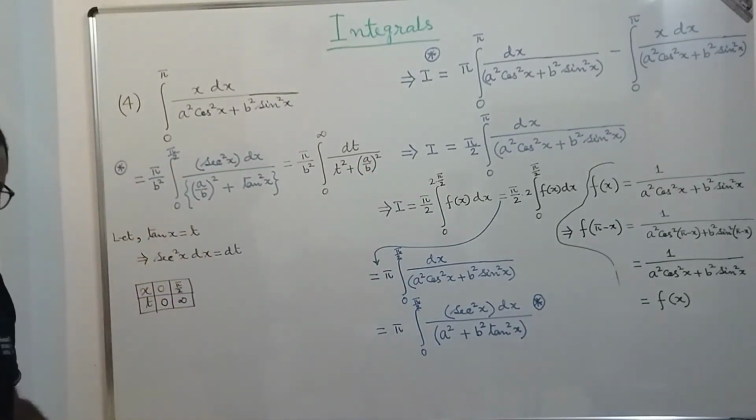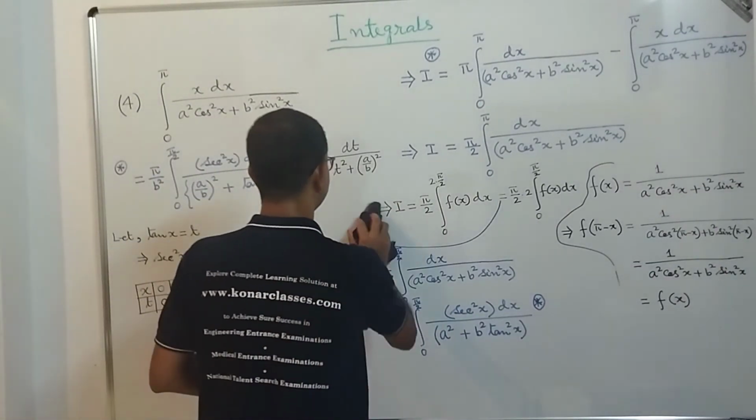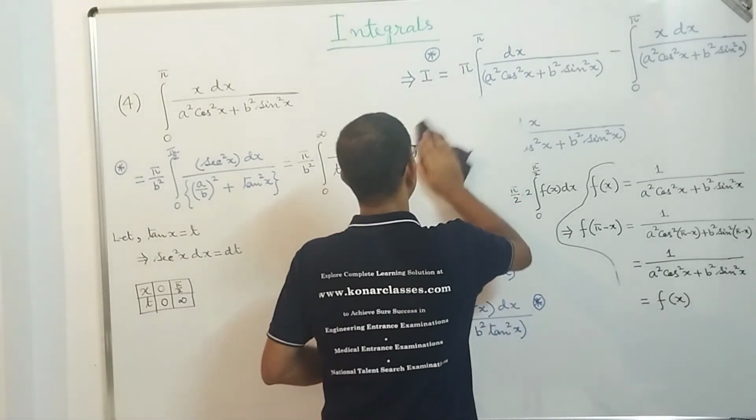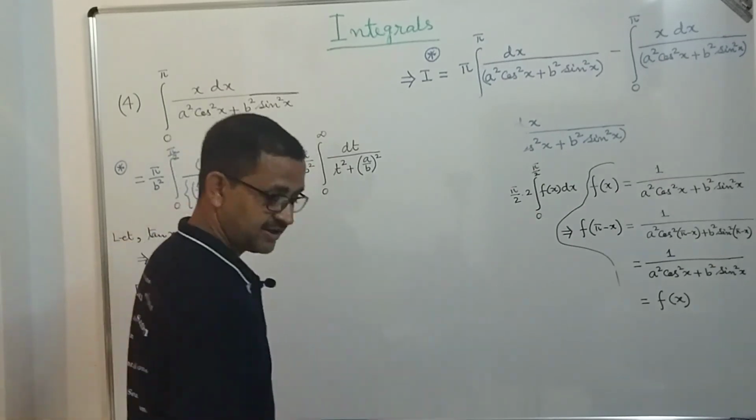That is our known form, if you recall. Integration dx by x square plus a square is 1 by a into tan inverse of x by a, correct? So we can apply this.